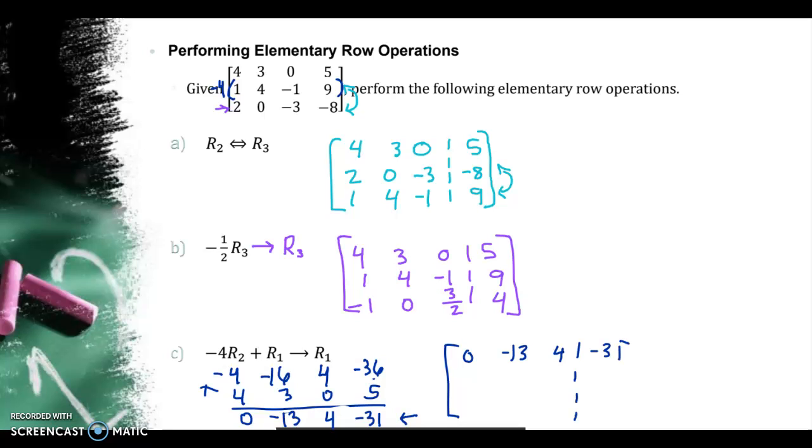Rows 2 and 3 I haven't changed at all from the original. So that's 1, 4, negative 1, 9. And 2, 0, negative 3, and negative 8. So there's a little bit of an introduction to performing row operations on a given matrix.